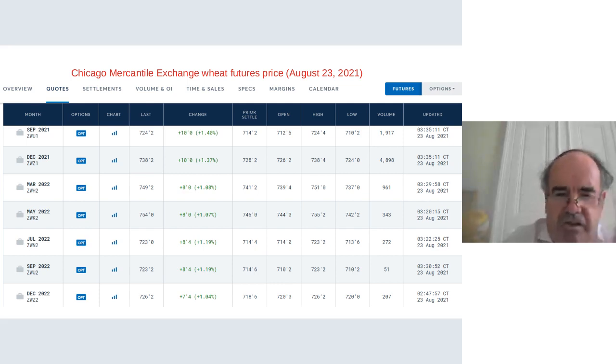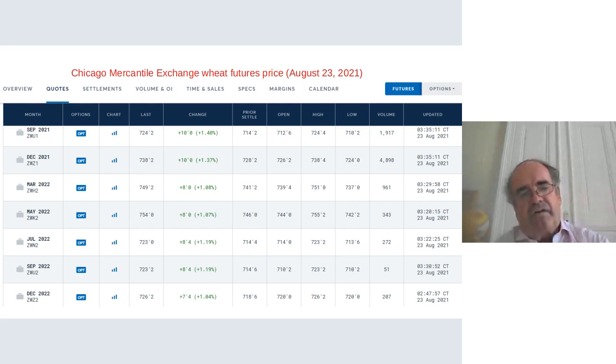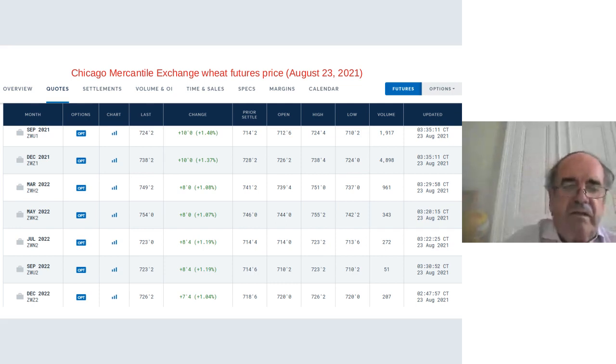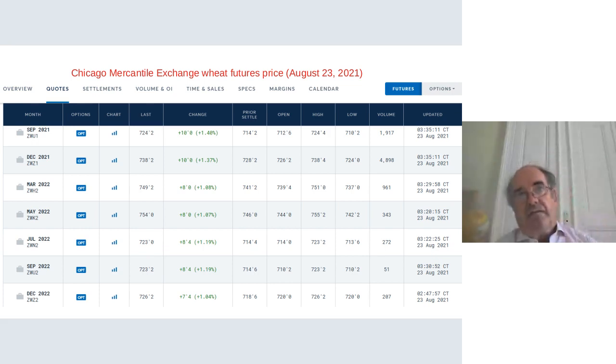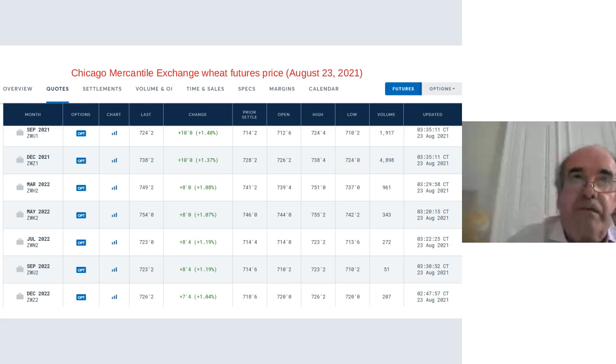So just to finish, and after to answer the other chats, the longer the period, the higher the storage cost. One very interesting question is, then why is July 2022 lower compared to May? That's a very good question. The only reason is the following.